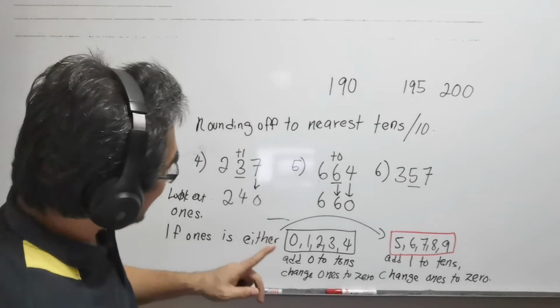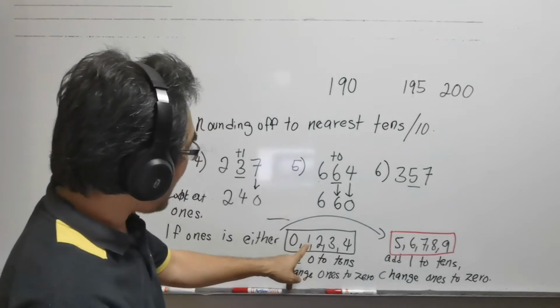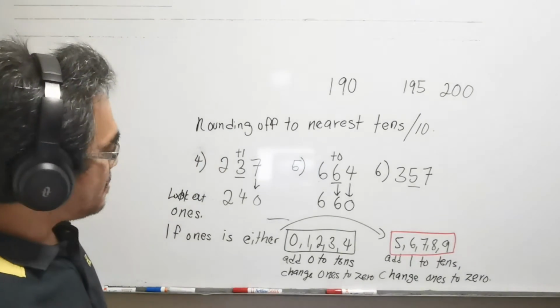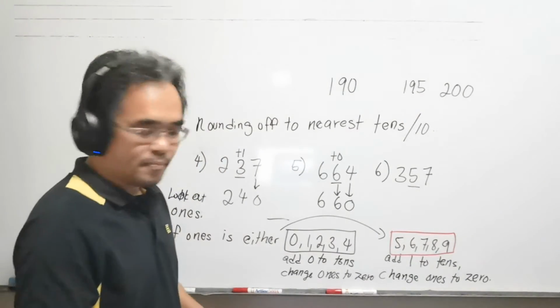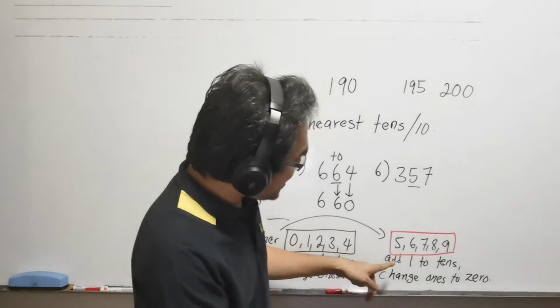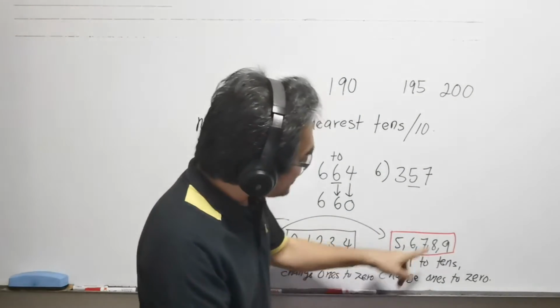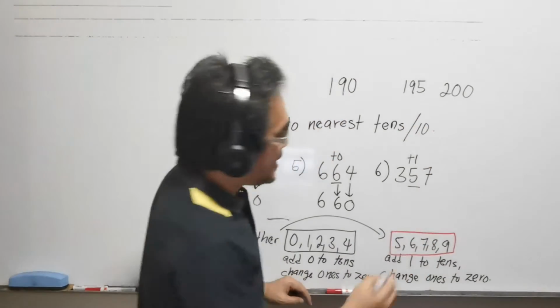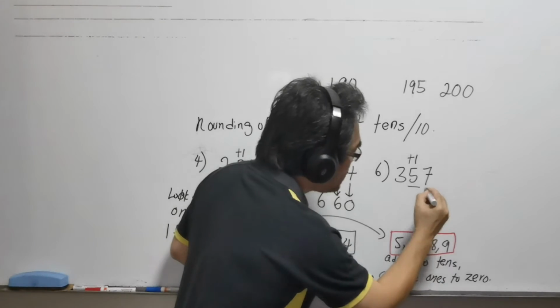So, where is 7? Is it in the black or is it in the red rectangle? Red rectangle. So, what is the note here? Add 1 to tens. Plus 1 here.